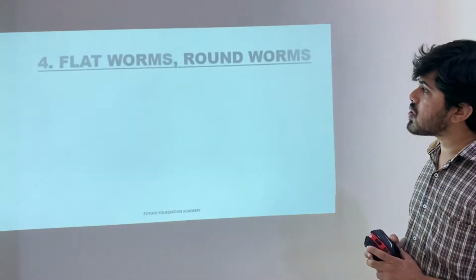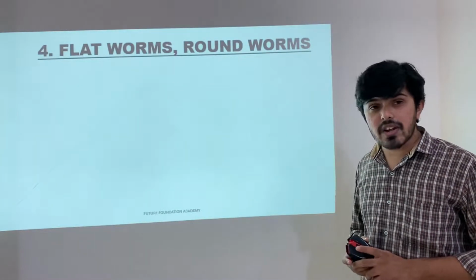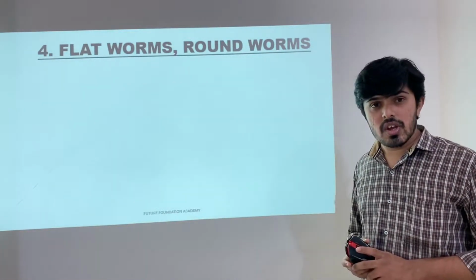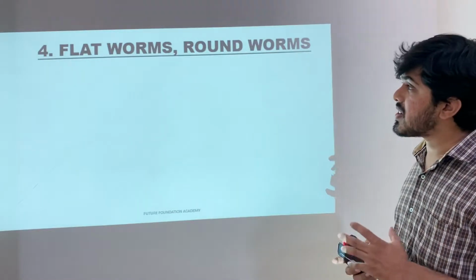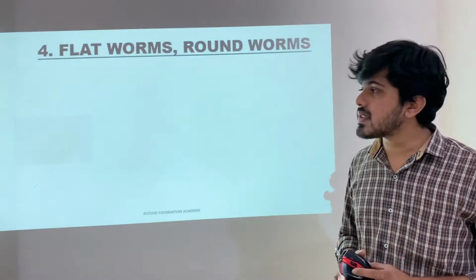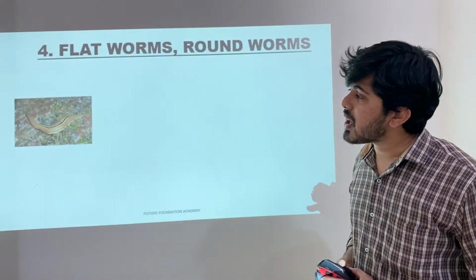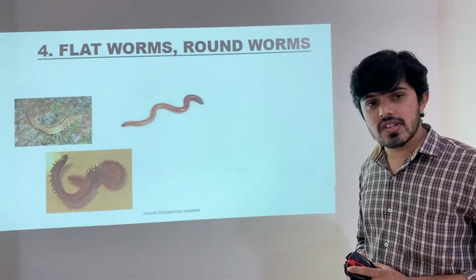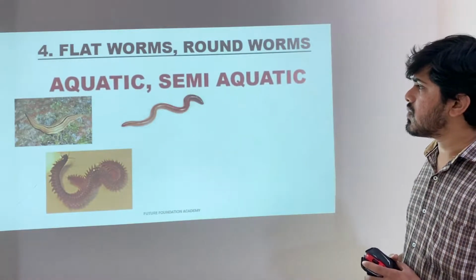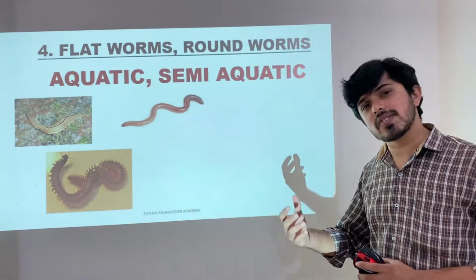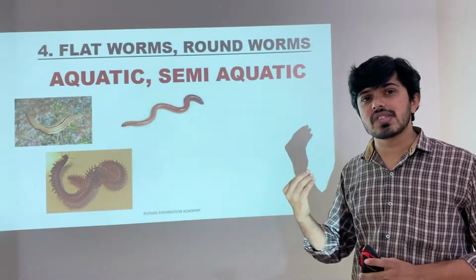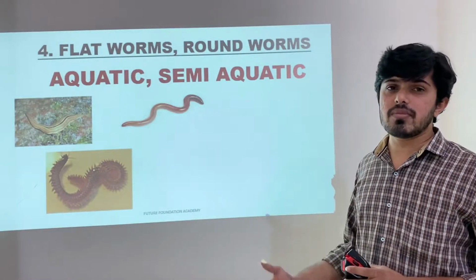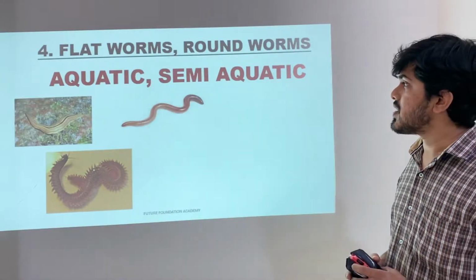Coming to the fourth slide, we are coming towards flatworms and roundworms, belonging to the helminths. You can see first a flatworm, tapeworm, then earthworm, and last one is nereis. Some of these worms are aquatic, some are semi-aquatic, meaning sometimes they stay in the water but most of the time they stay on land, that is terrestrial.